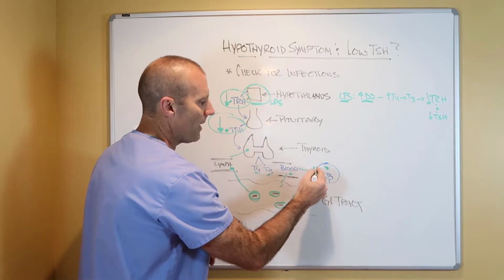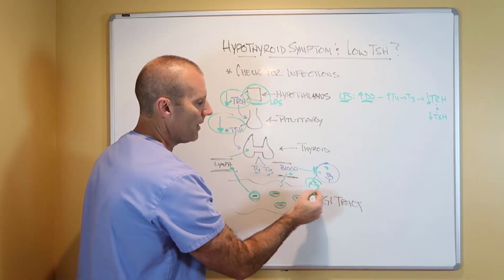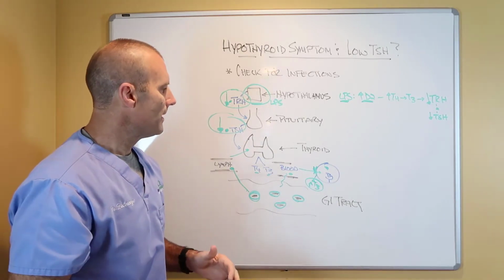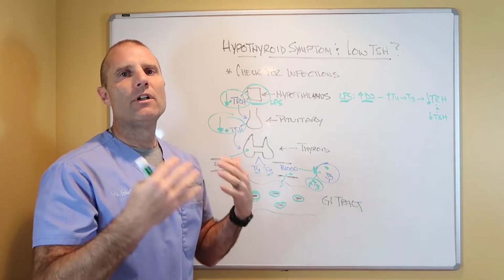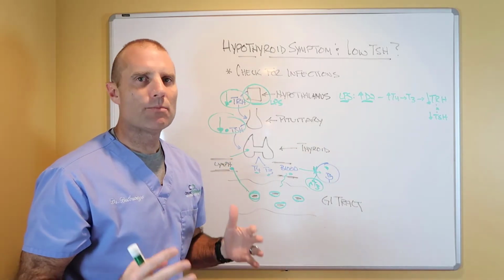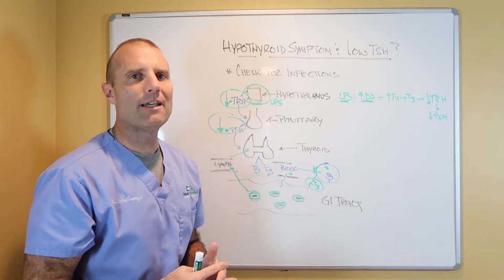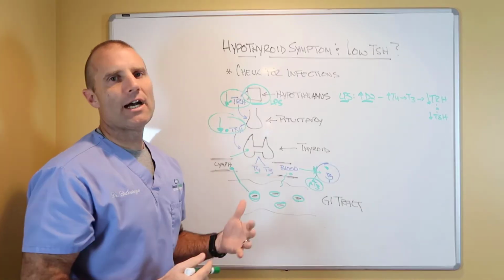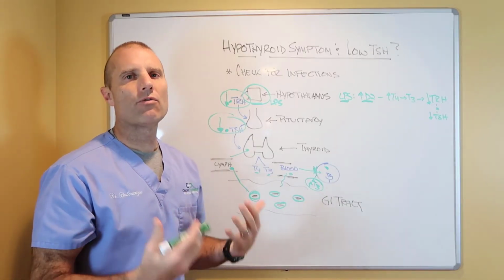So transport mechanisms are decreased, and conversion may increase to reverse T3 as a result. If you have low TSH, pushing more towards the hyperthyroid state, yet you have hypothyroid symptoms, you need to ask your doctor to look for chronic infections.